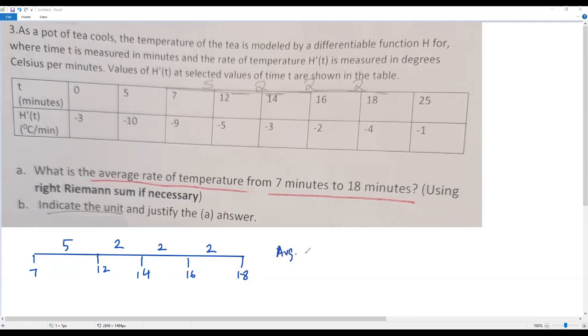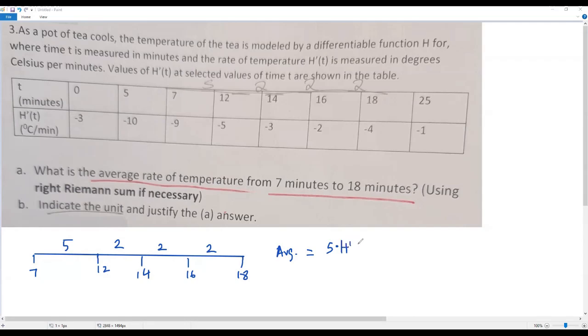Okay, let me write it over here. I'm going to use a right Riemann sum. The width of the first interval is 5, multiplied by h prime of 12, because 12 is the right-hand point of the first interval and we have to use a right Riemann sum.